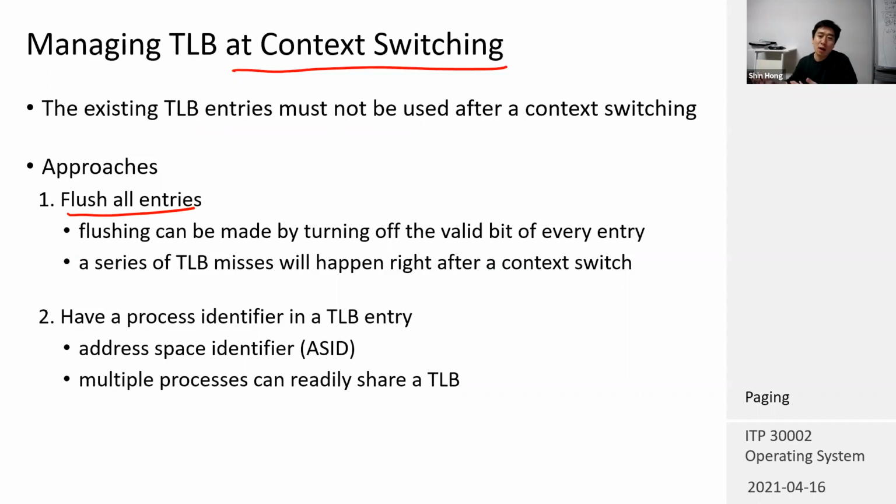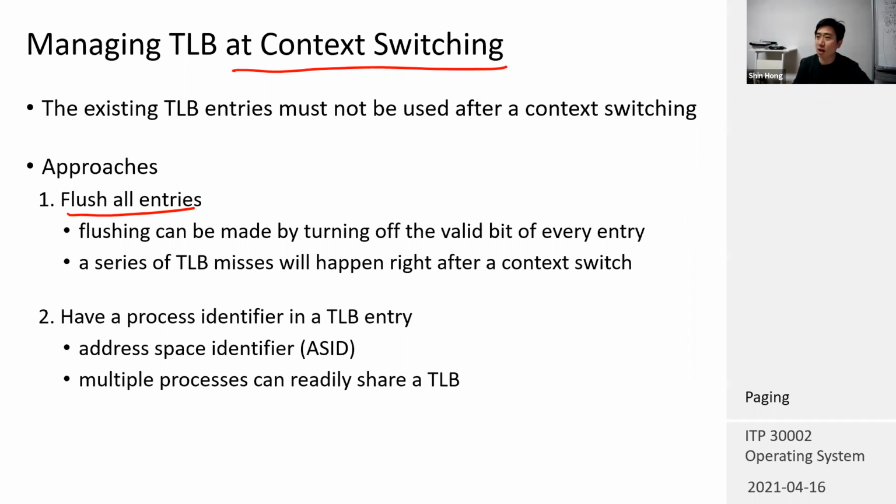Before dispatching a new process to a CPU, maybe as a last step for storing the information of the older process, the operating system needs to flush by invalidating all entries, so that no TLB information remains when a new process is dispatched.